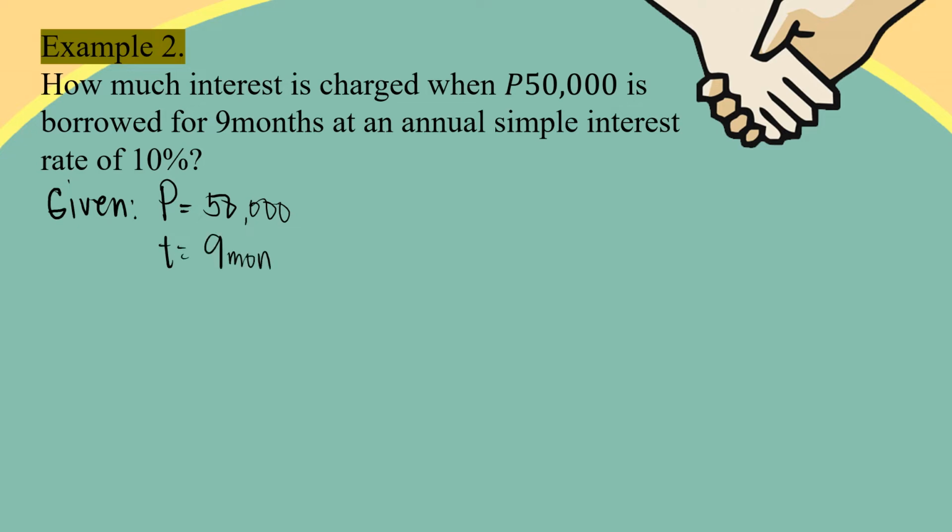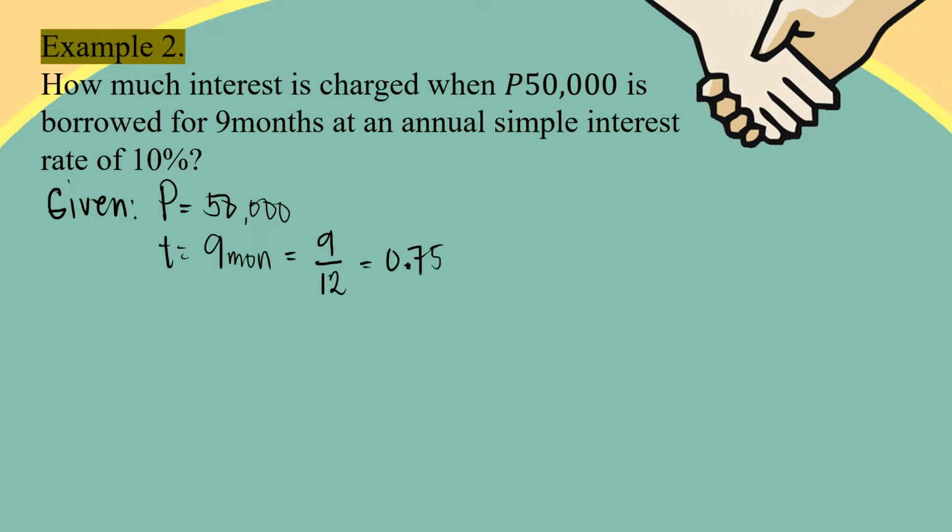Okay, so since naka-months pa rin yung time natin or term, gagawin natin yung years. Kasi dapat lagi siya naka-years. So, kung 9 yan, i-divide natin yan sa 12. Kasi meron tayong 12 months sa isang taon. So, 9 divided by 12 is 0.75.